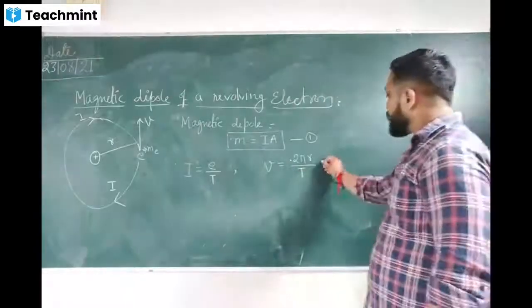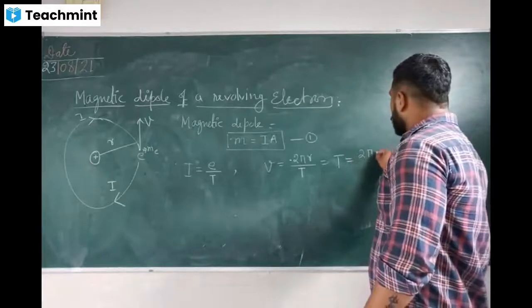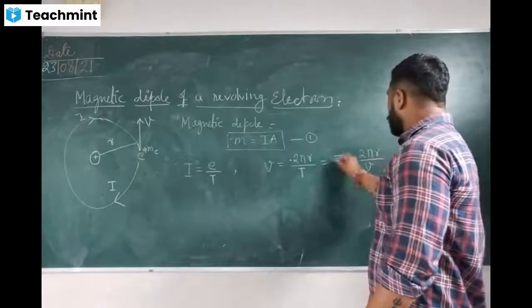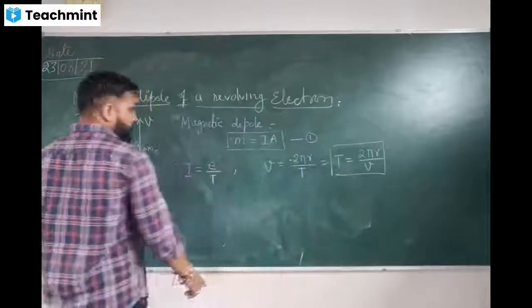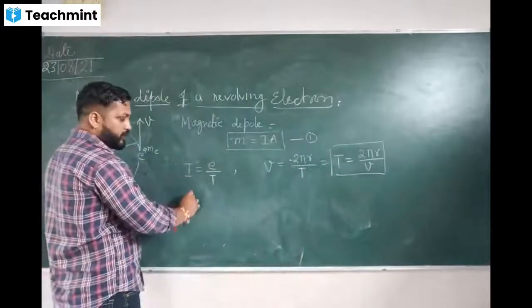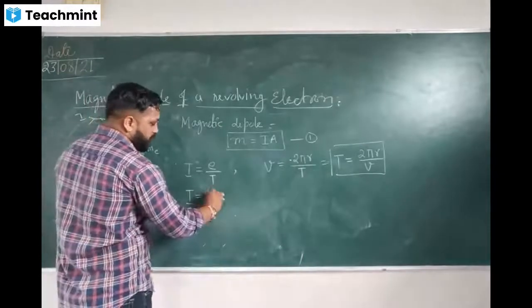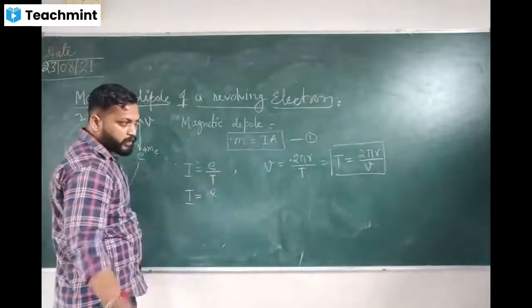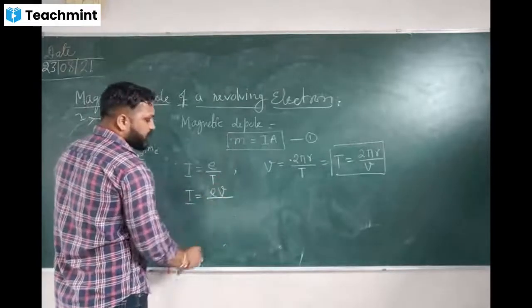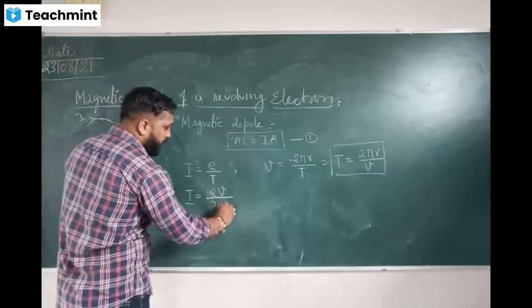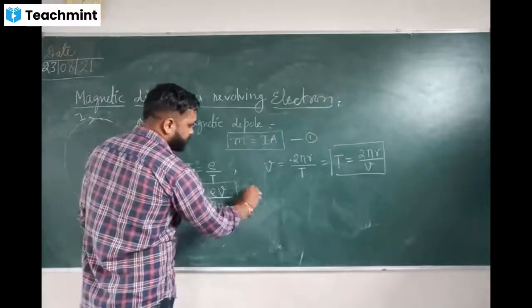From here, the value of T is 2 pi r upon v. If I put the value over here, then the current becomes I equals e upon 2 pi r upon v. v will come in the numerator, so it will become ev upon 2 pi r. So this is the current flowing through the wire.